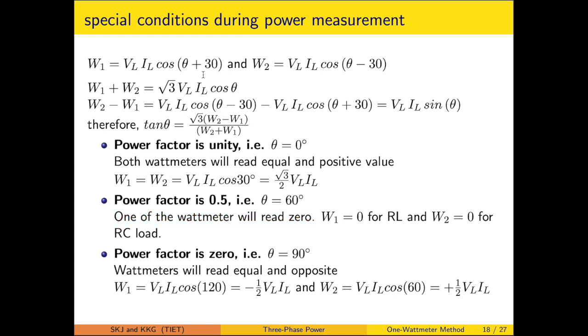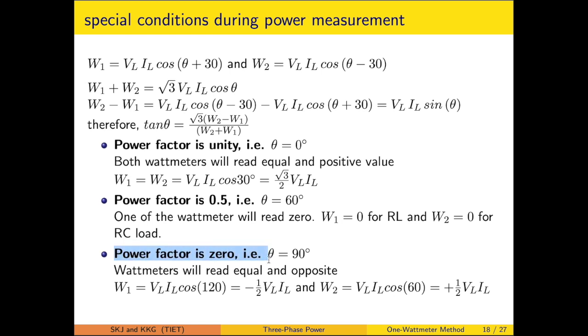When theta is positive for the RL load, W1 will be reading 0, because we have considered W1 is equal to VL IL cosine of theta plus 30 degrees. However, if it is an RC load, the theta value will be minus 60 degrees, so W2 will be reading 0. It is clear that when the power factor is 0.5, one of the meters will be reading 0.